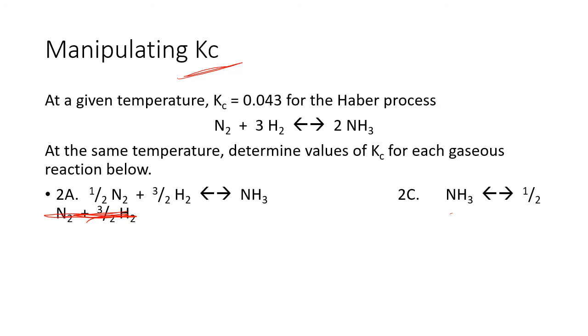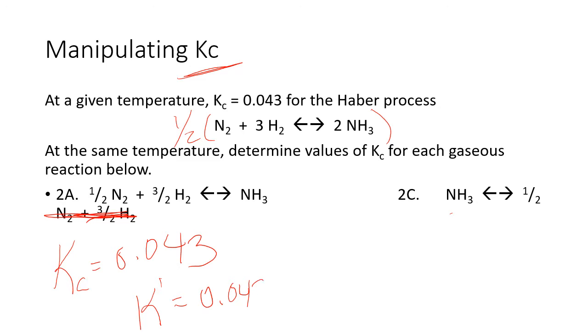In this expression here, what I've done is I have taken this whole thing and multiplied it by 1/2, and in doing so that gave me this equation. Because I multiplied this all by 1/2, all I have to do is take my Kc from before, which is equal to 0.043. My new K is going to be that 0.043 raised to the 1/2 power.